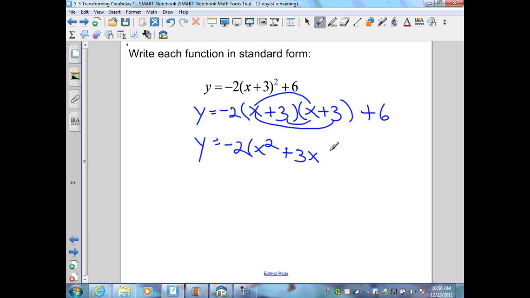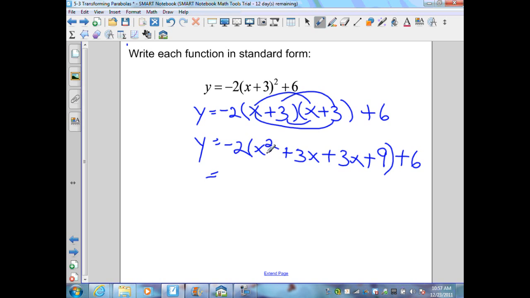Inner, 3 times x is 3x. And last, 3 times 3 is 9. And bring down the plus 6. And if you notice, I put a set of parentheses around my FOILed quantity. And I had to do that because negative 2 is going to multiply that quantity.